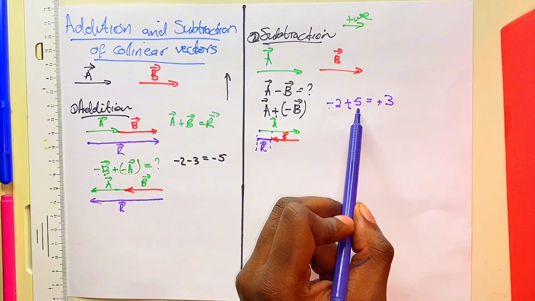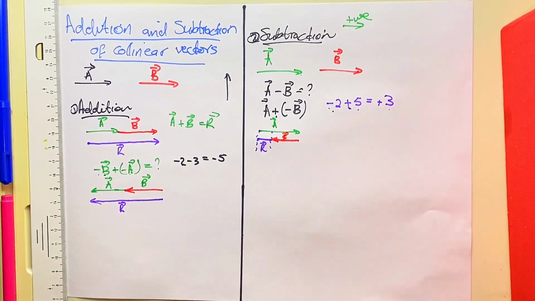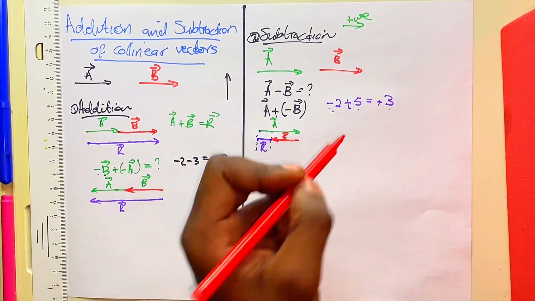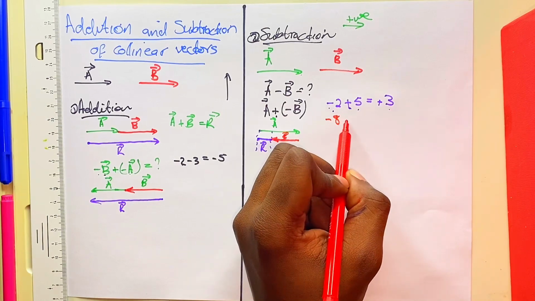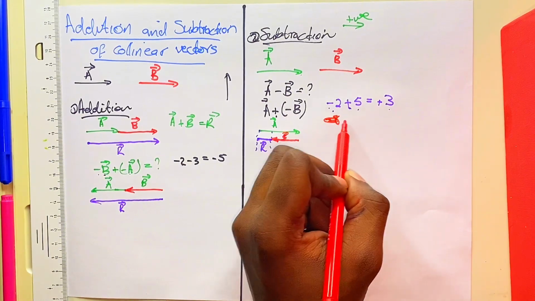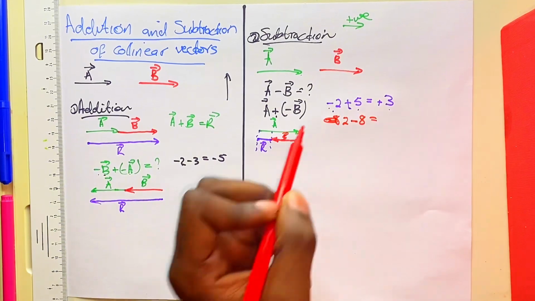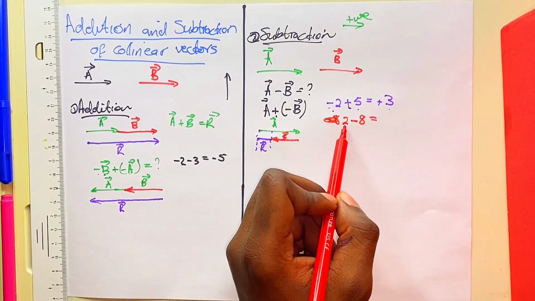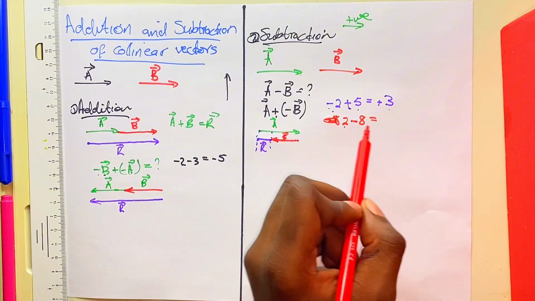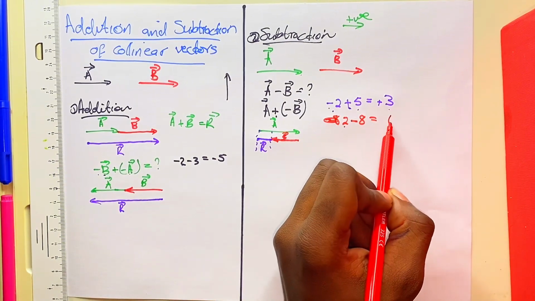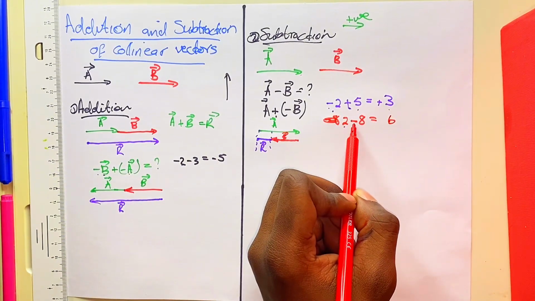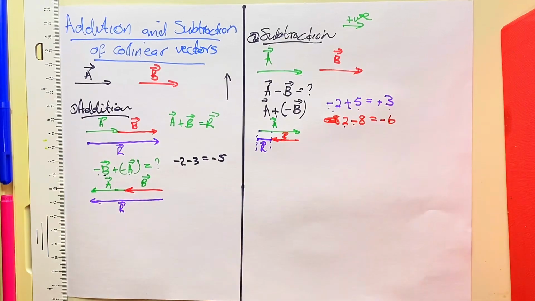If I have 2 minus 8, how much will it be? This 2 is positive, so I will subtract them and say, okay, I have 6, and I will keep the sign of the bigger number and have minus 6.